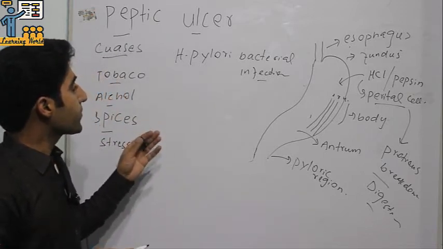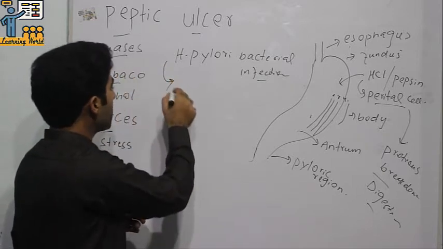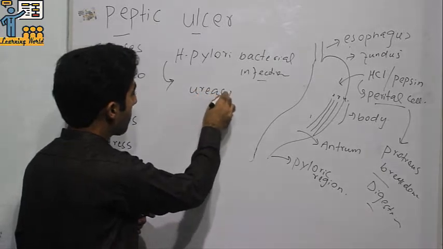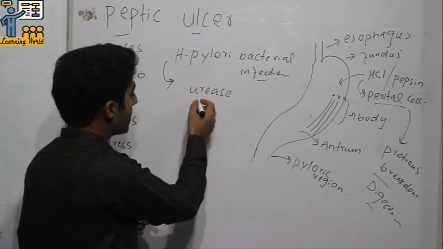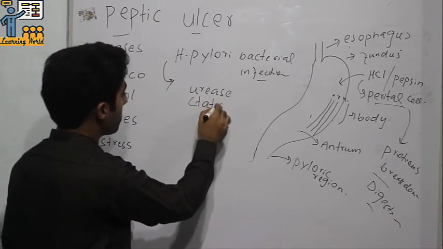So H. pylori bacterial infection will secrete the urease enzyme, and they will also stimulate the catalase enzyme.